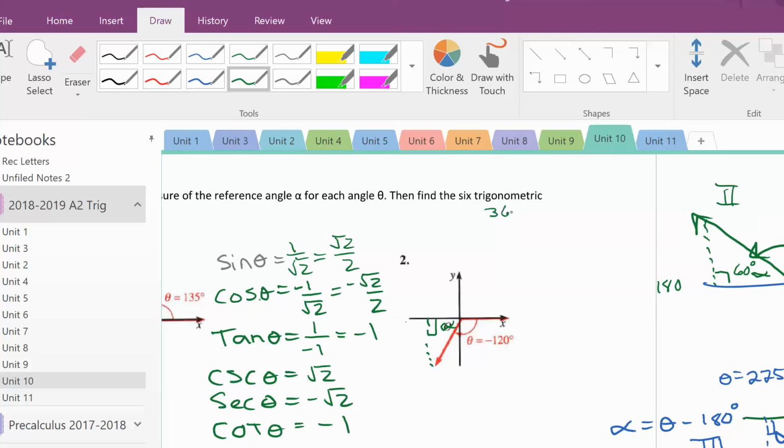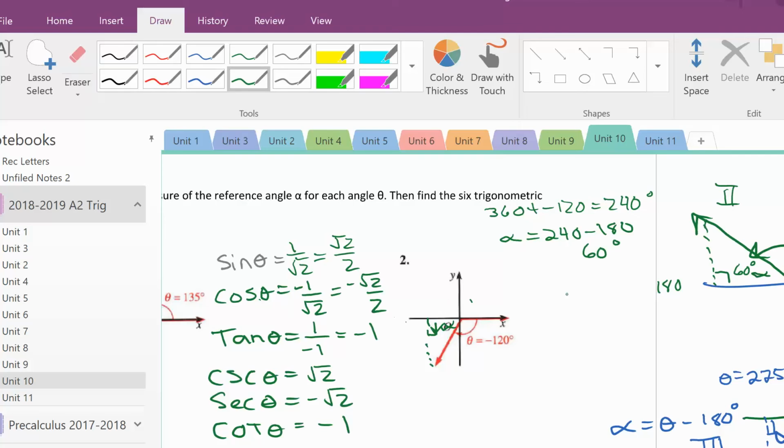So if I go 360 plus -120, that means 240 is the positive angle that goes this direction. And then since it's in the third quadrant, you could go alpha is equal to 240 minus 180, which is 60. Either way, it's going to be 60 degrees for your reference angle.